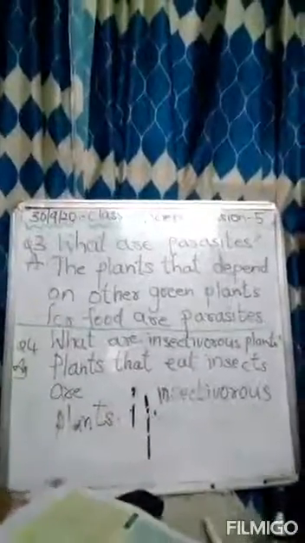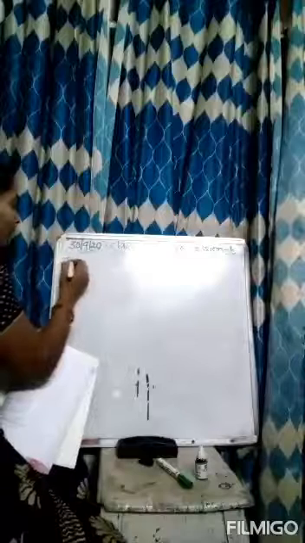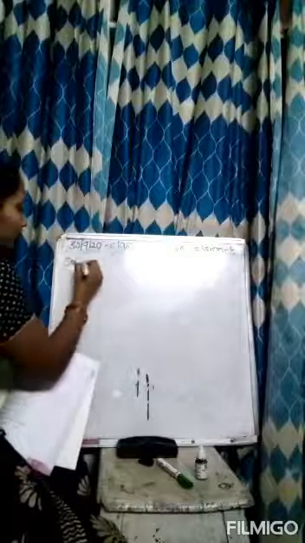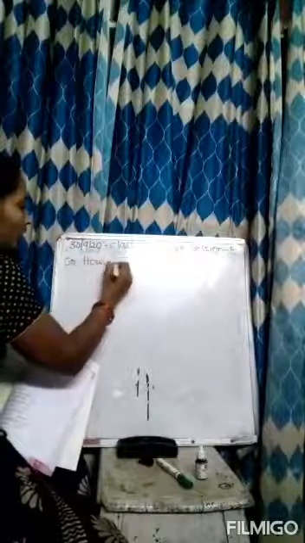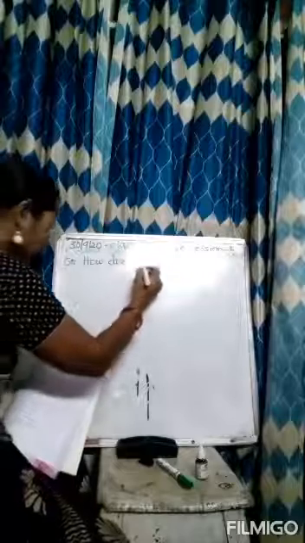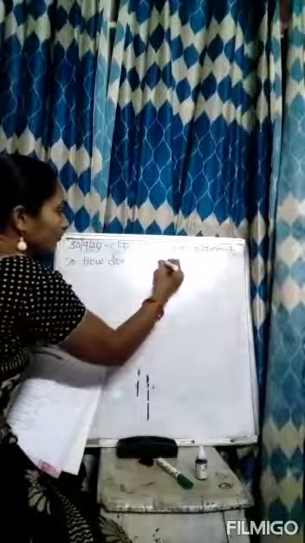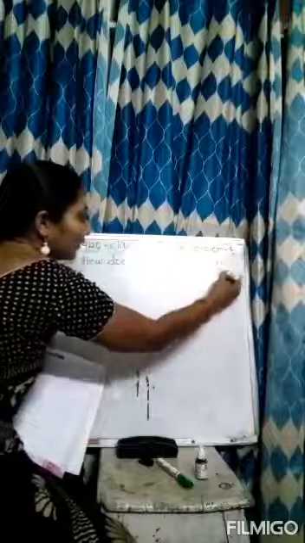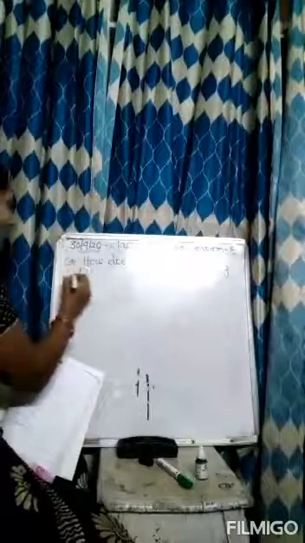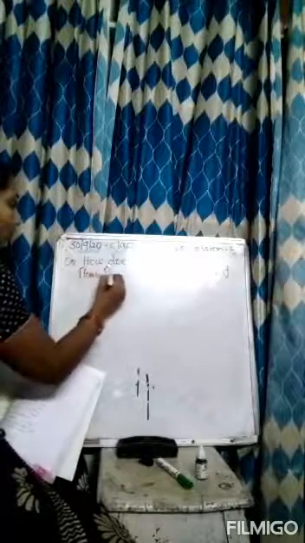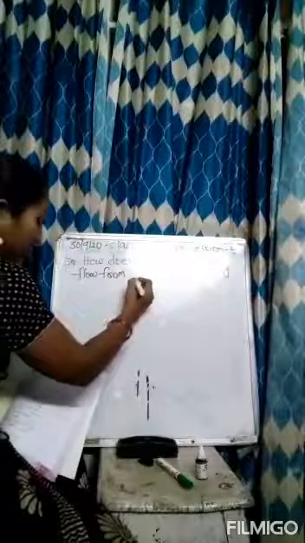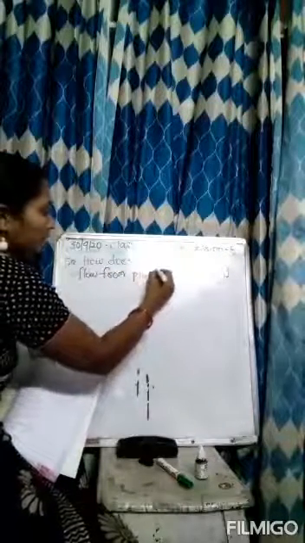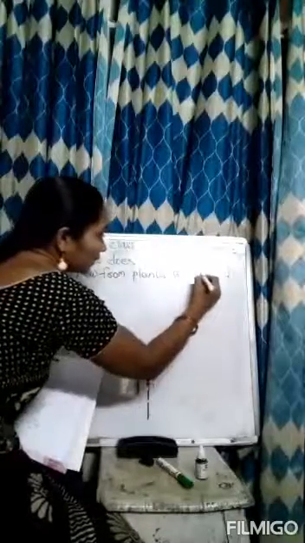Now we'll go to the next question. Question number 5. How does the sun's energy flow from plants to human beings?